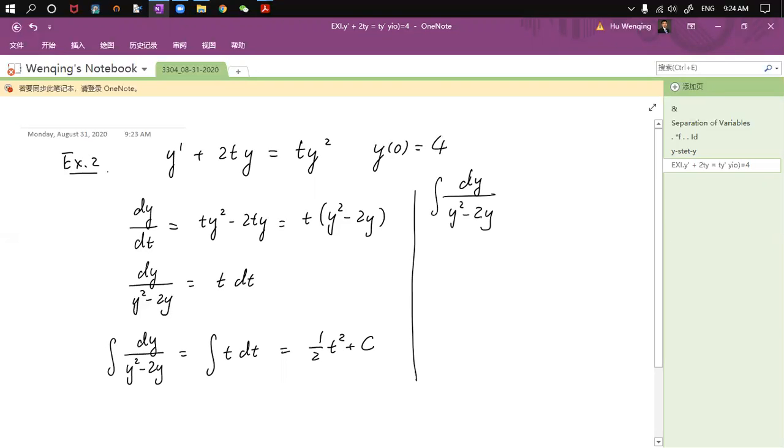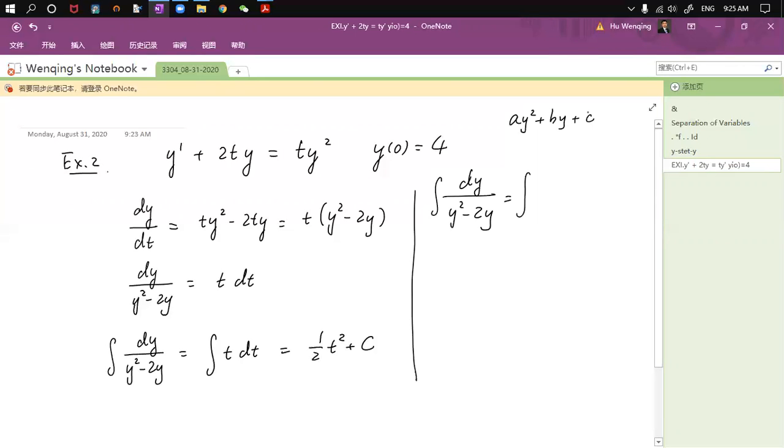What should we do? This is a very general principle in these lectures: if you see quadratic forms, like here y squared minus 2y, there are two ways to handle a quadratic form, meaning ay squared plus by plus c.